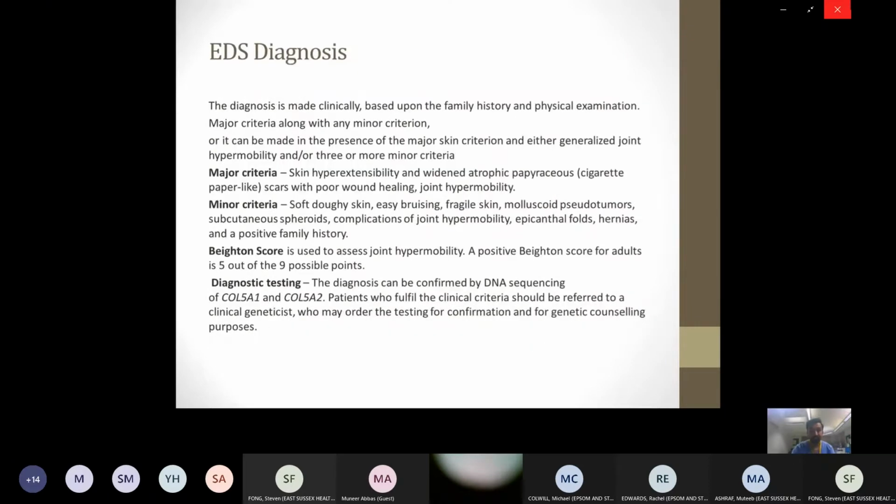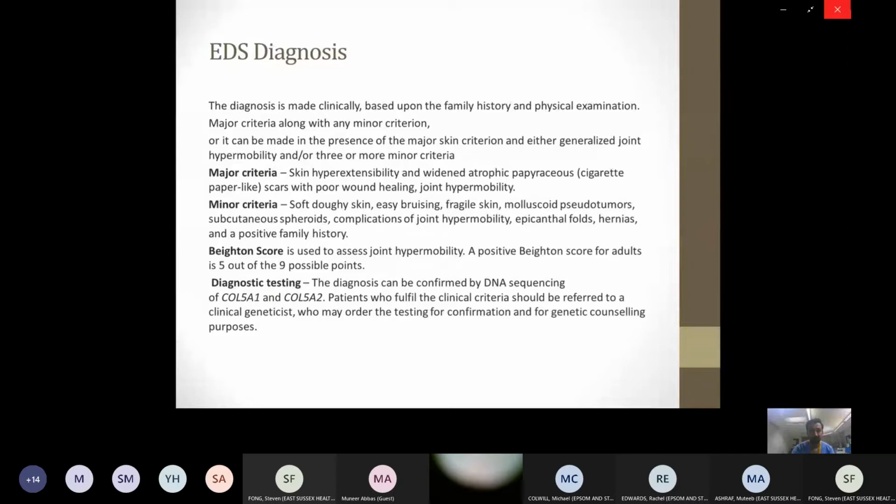Diagnosis is made clinically based upon family history and physical examination: major criteria along with any minor criterion, or it can be made in the presence of the major skin criterion and either generalized joint hypermobility and/or 3 or more minor criteria. Major criteria include skin hyperextensibility and widened atrophic papyraceous scars with poor wound healing, and joint hypermobility.